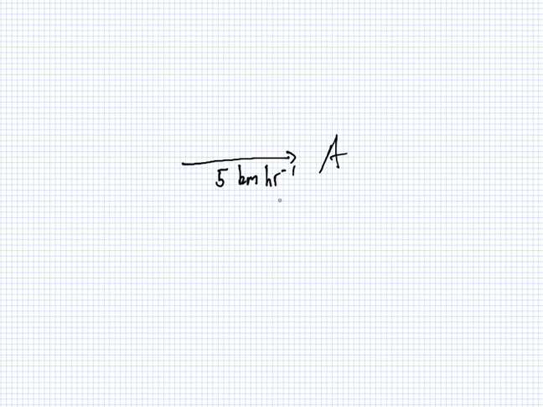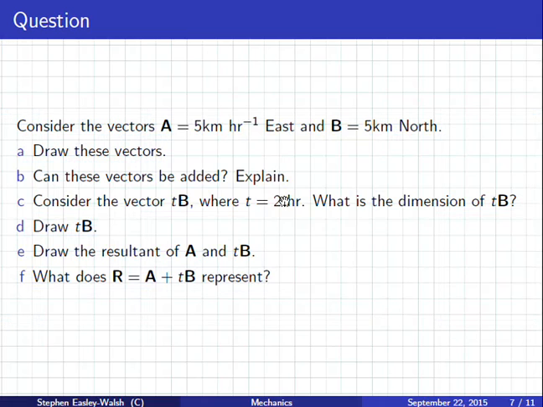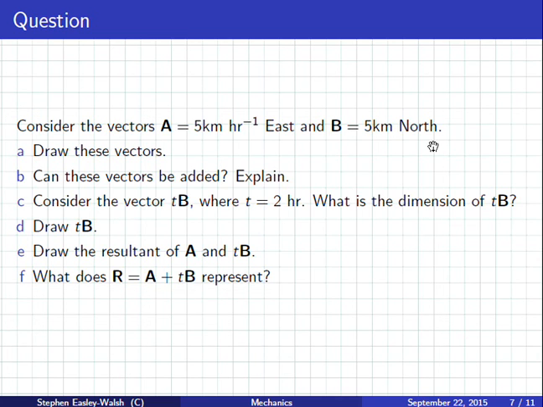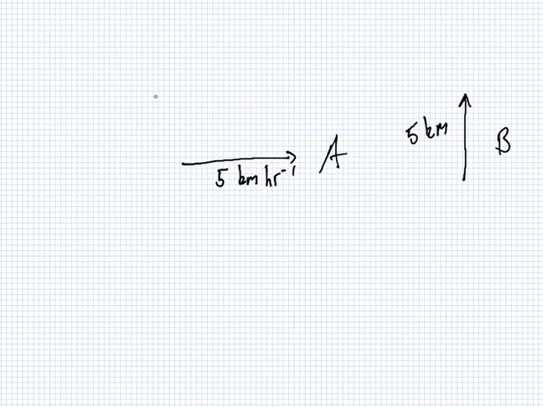Is that what I said? And then what did I say B was? 5 kilometers north. So here is B, and this is 5 kilometers north. Okay, so my first question is, draw these vectors. Well, I've just done that. So I've already drawn them.